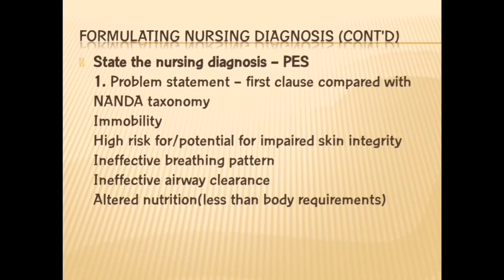So, you may have immobility, high risk for or potential for impaired skin integrity, ineffective breathing pattern, ineffective airway clearance, altered nutrition less than body requirements. So, based on the problems we identified.